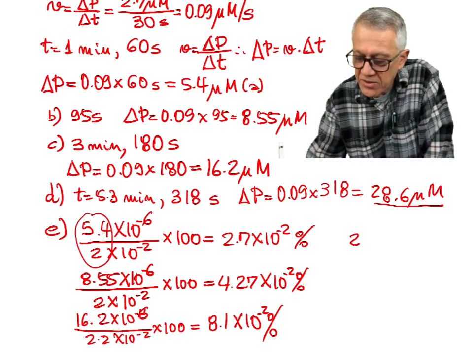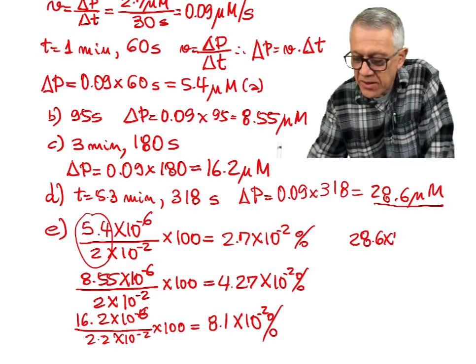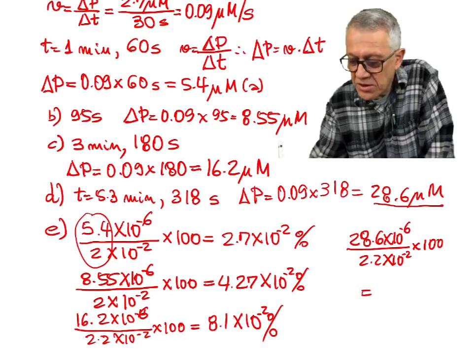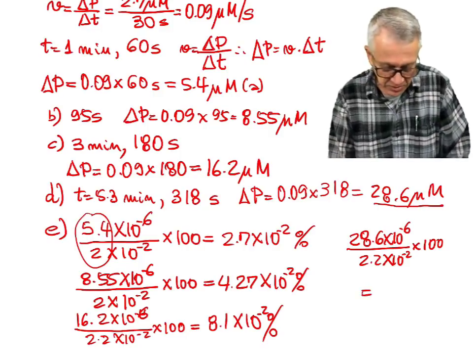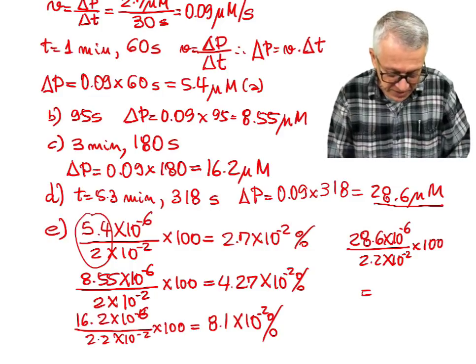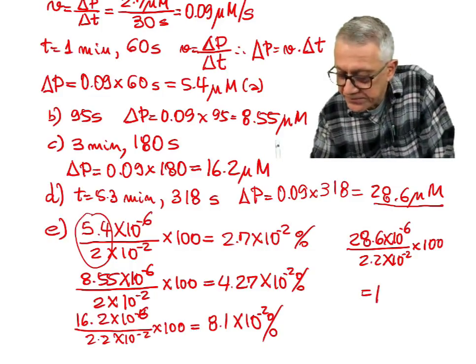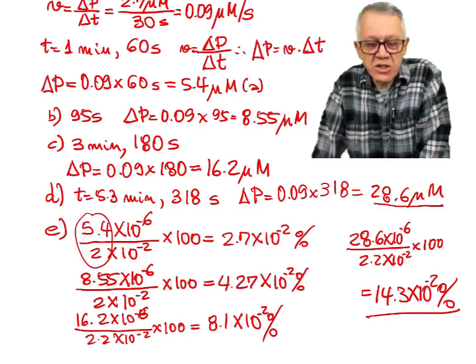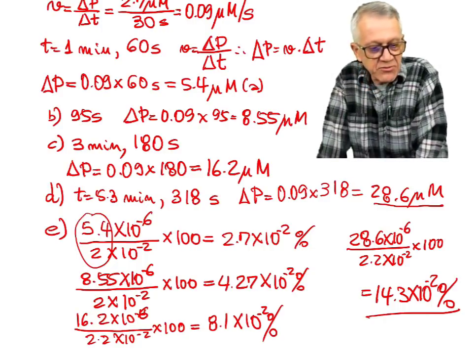So let's do that exactly here. 28.6 times 10 to minus 6 divided by 2 times 10 to the power of negative 2 times 100. Let's make sure we get this right, divided by 2. That's 14.3 times 10 to minus 2 percent. That's the solution for problem 6 from Segel's biochemical calculations.